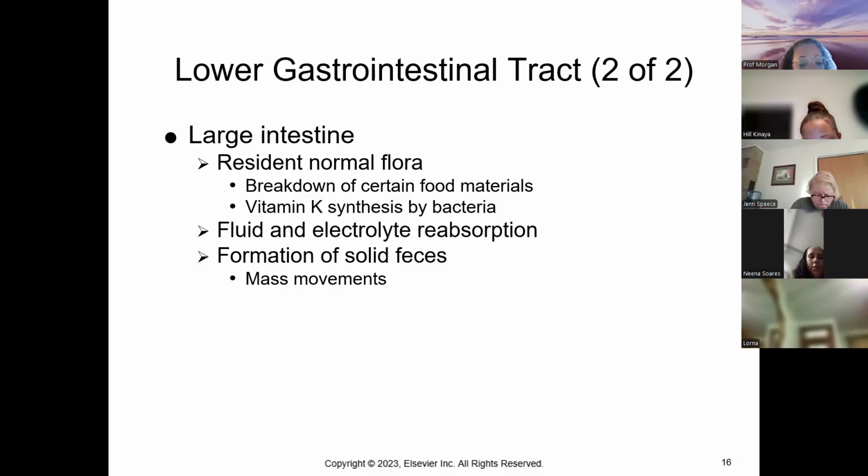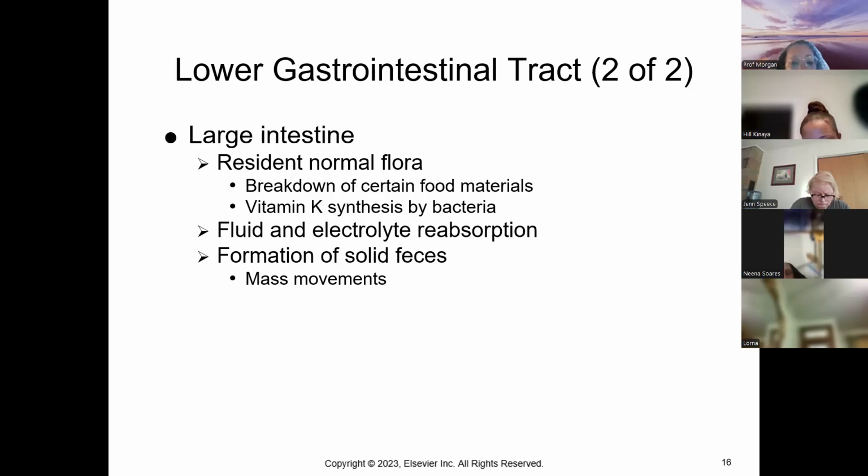All right, so it terminates at the sigmoid colon, the rectum, and the anal canal. Absorption of large amounts of water and electrolytes takes place in the colon. This helps maintain your fluid balance and your acid-base balance. Digestion and absorption of nutrients stops in the colon.